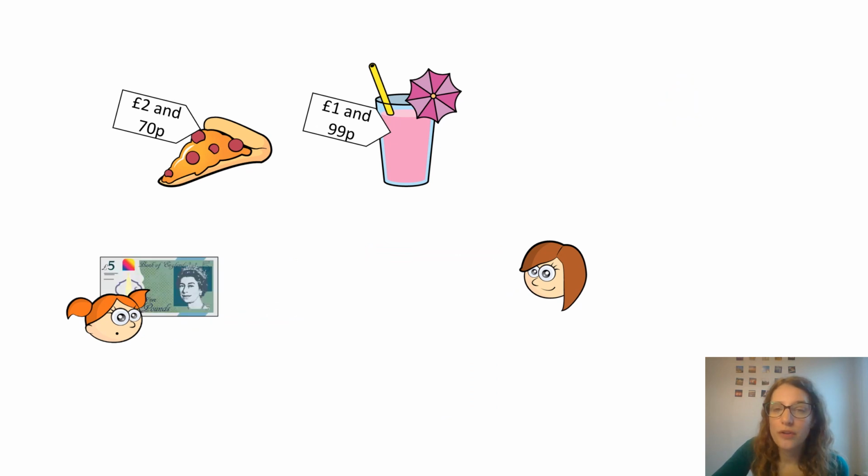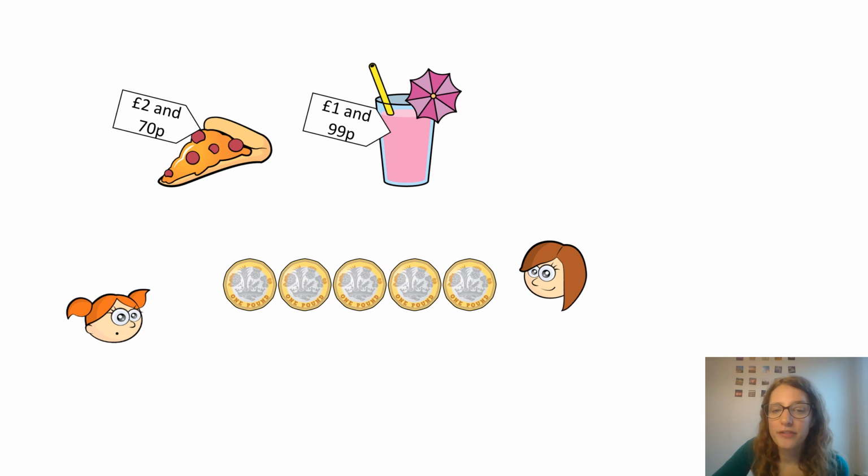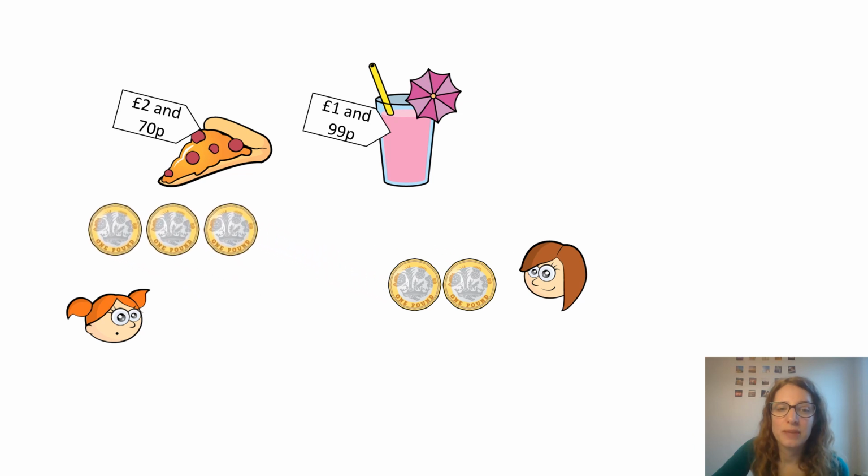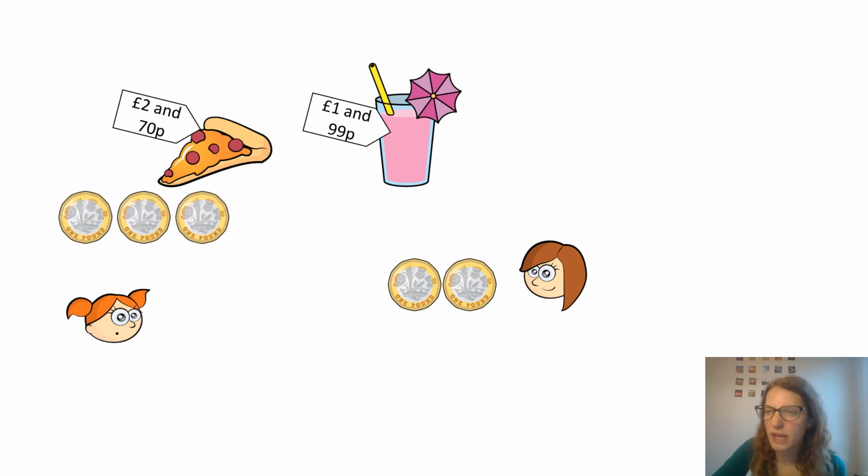Let's have a look. We've got £5 as a note, and we're going to swap it for 5 £1 coins just to help us. We're going to round each of the amounts to the nearest pound. So £2.70, is it nearer to £2 or to £3? £3, so we'll put £3 over there. We will get some change because it's a bit less, but we're just rounding it up.